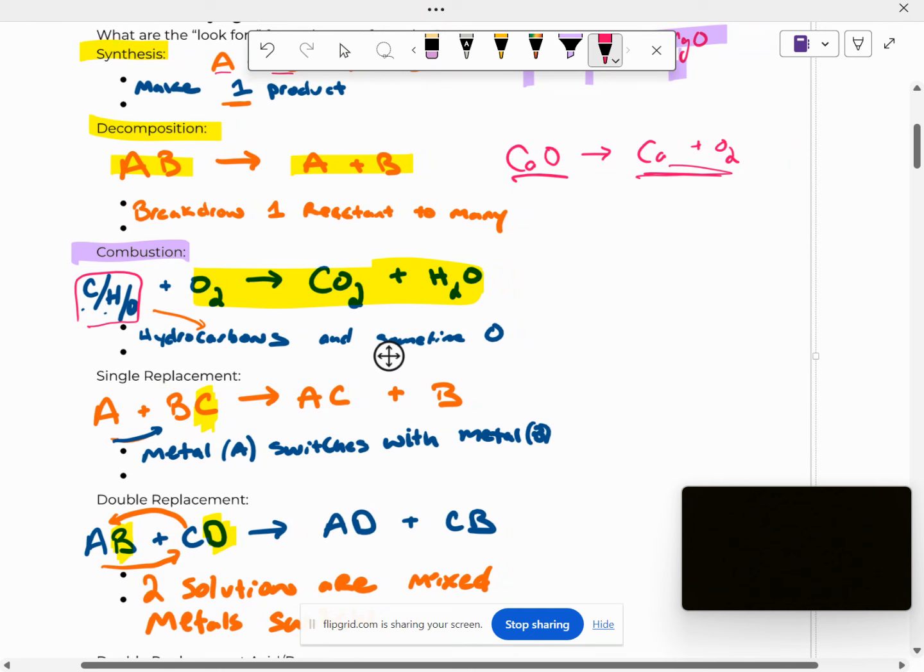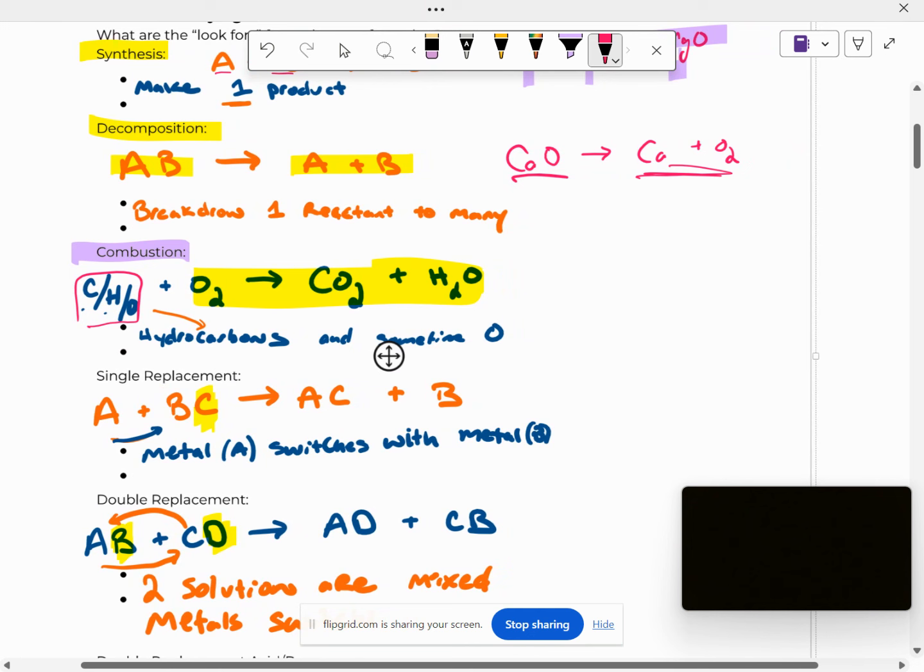When these switch, you're going to get NaCl, that's the salt, plus HOH, which is H2O essentially. So that's the water.